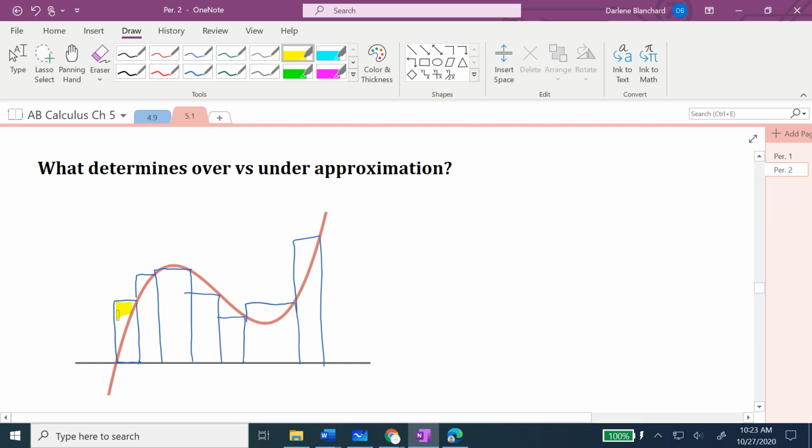I can see that this is an over and over. This middle one is questionable. This one is definitely under. That one is a little bit questionable. This one, do you see that this is definitely over?